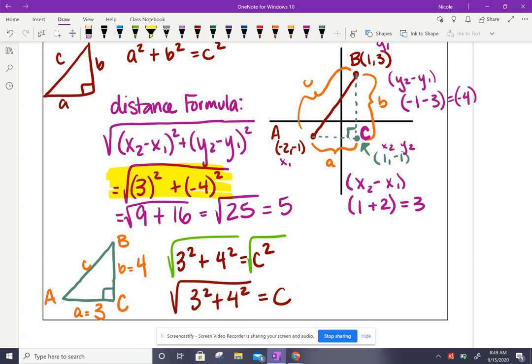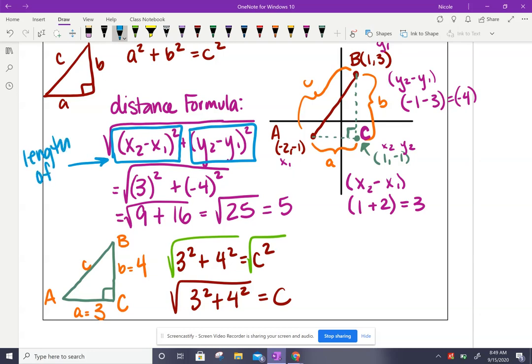So to summarize, looking at our distance formula, this piece of information, that x2 minus x1 squared, is measuring the length of a side. And so is the y2 minus y1 squared. Not the square root, but there we go. That's a little more accurate.